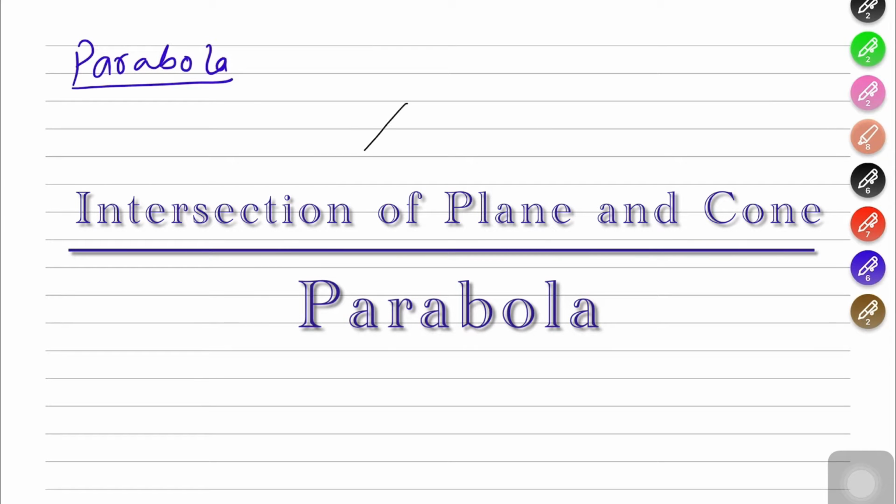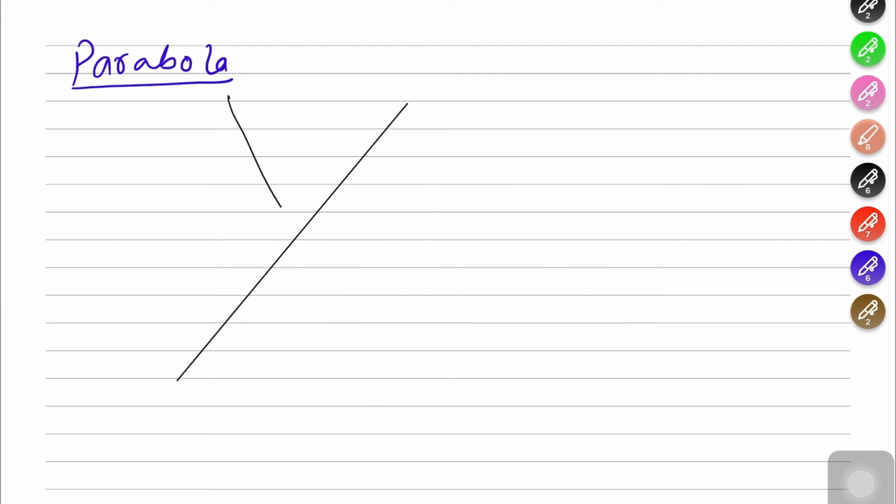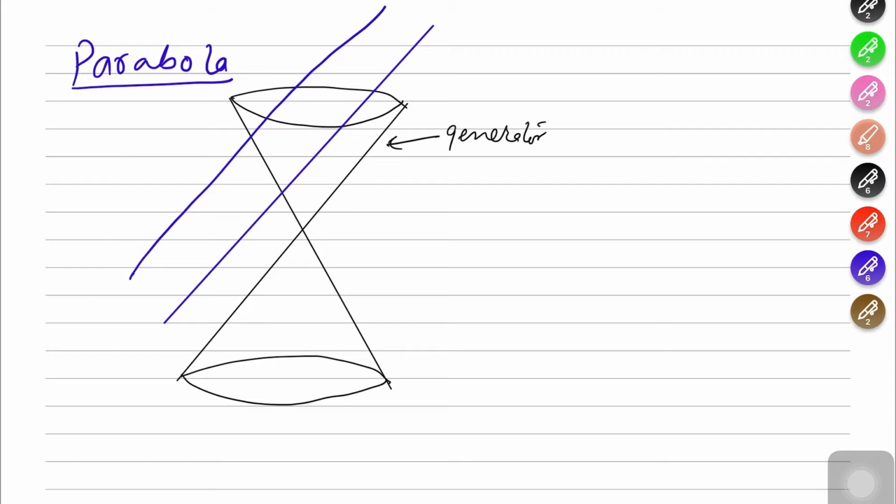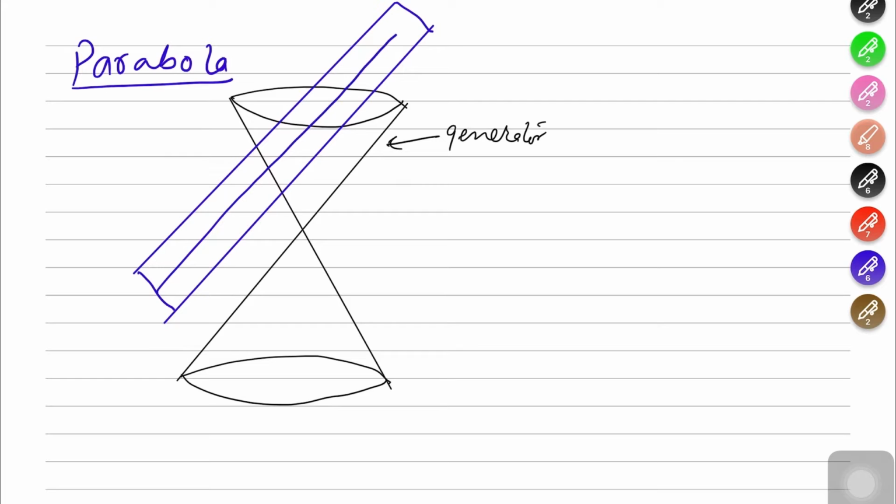Okay, again here we have a cone, and in this case the cutting plane is something like this. They are just parallel to the, so this is the generator and this is the cutting plane.